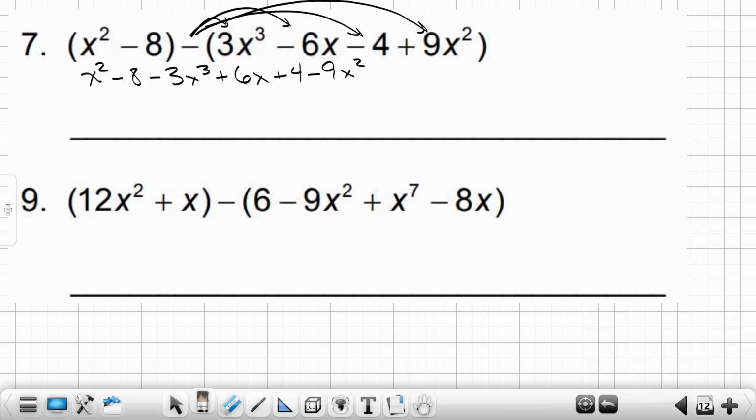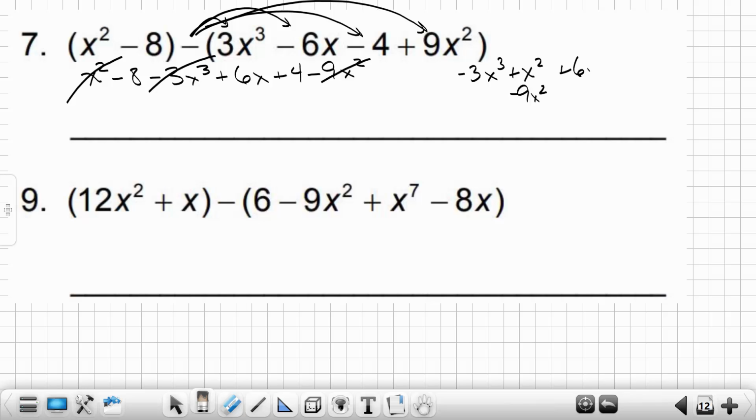Now we do it the exact same way. Natalia, what's the highest degree out here? Yeah, negative 3x cubed. Are there any other cubes? No. That one's used. Are there any x squareds? Yeah, we have an x squared at the beginning. Are there any other x squareds? I like stacking them. Okay, are there any just x's?